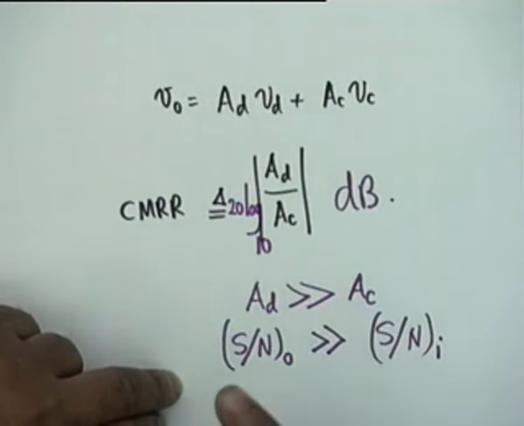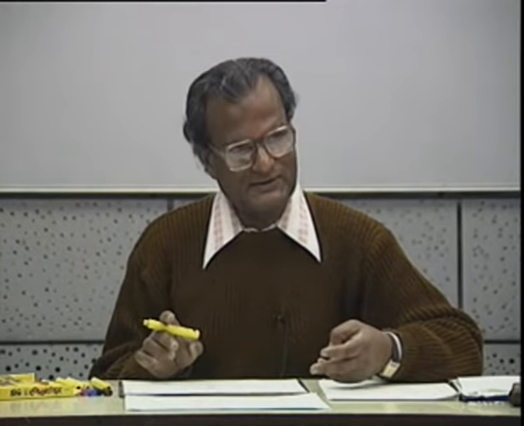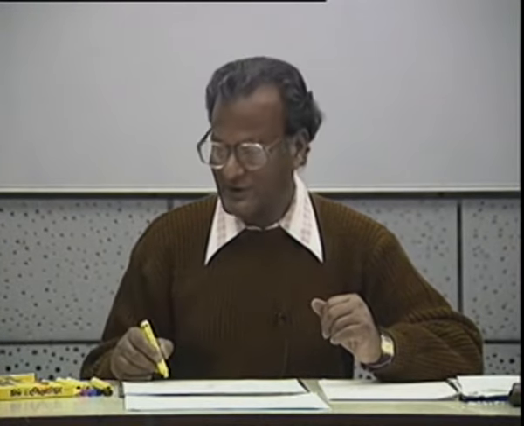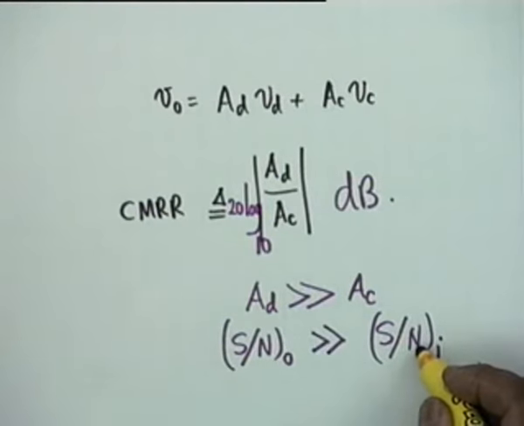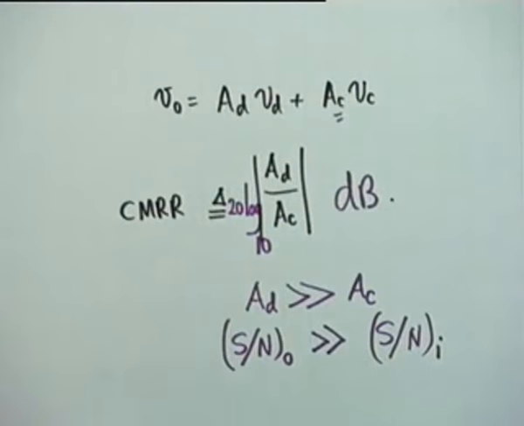Noise is the common mode. If you have two terminals here, the same amount of noise will be picked up by both. But the differential amplifier discriminates against common mode signals, and therefore the noise at the input will be amplified only by AC, the common mode gain.